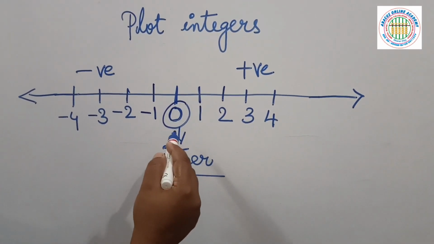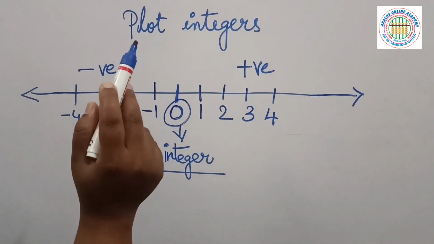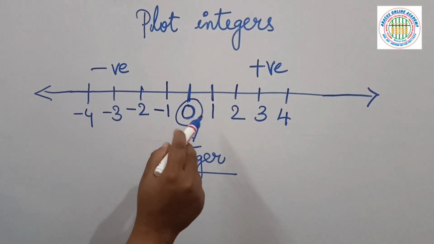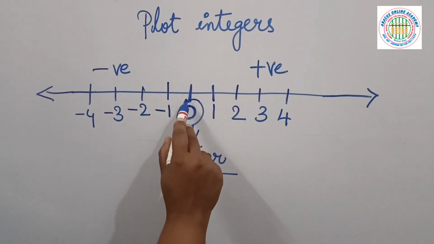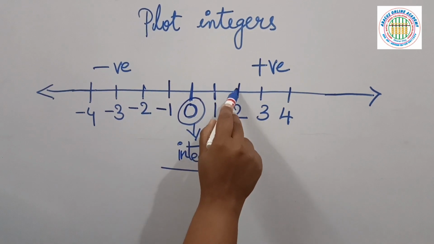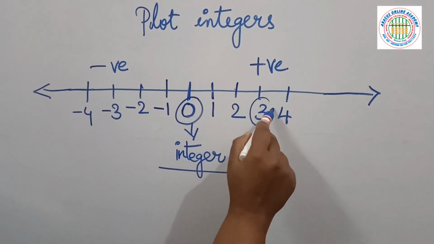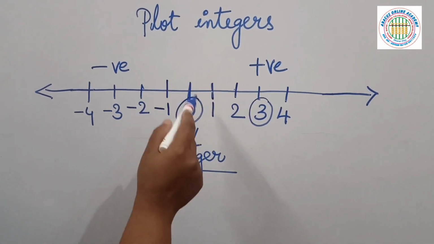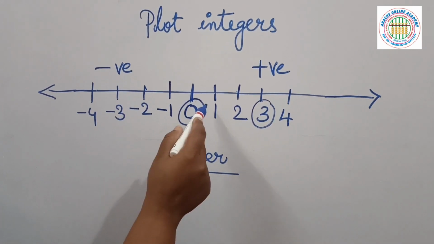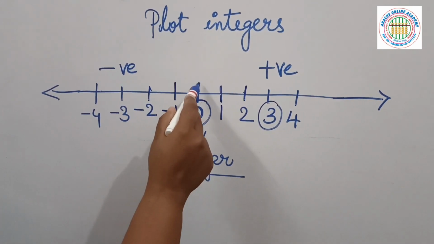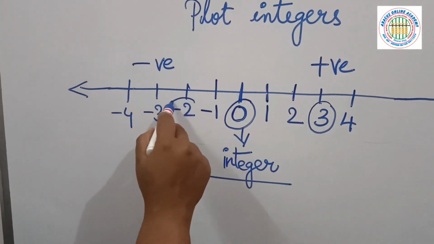And if I ask you, plot 3 in the number line, just 3, where is 3? It is 1, 2, 3, it's here, right? And if I ask you, plot minus 2 in this number line, it comes to your left, that is 1 and 2, it's here.